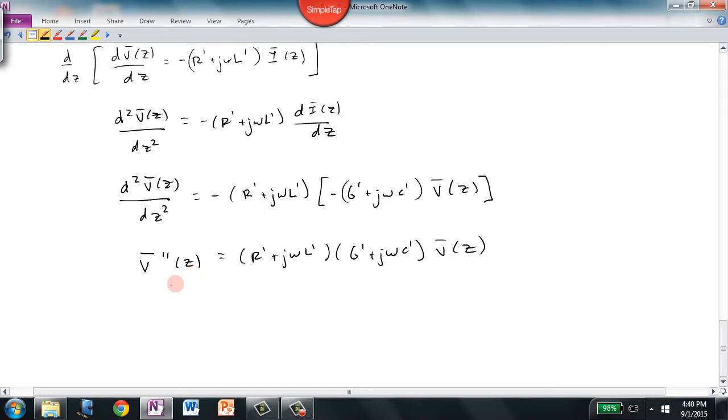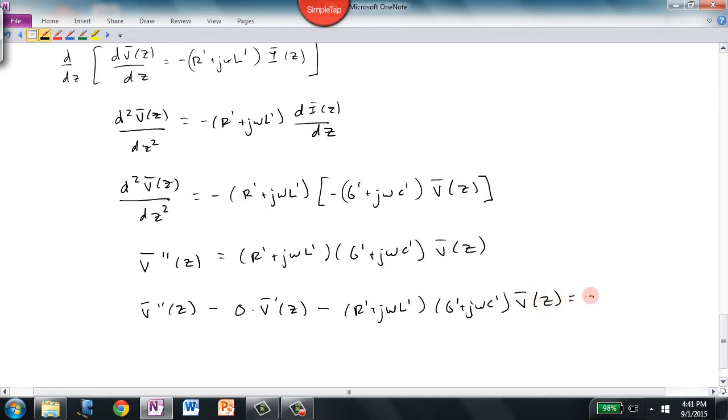So we can rewrite this as V double prime of z minus 0 times V prime of z minus R prime plus j omega L prime times G prime plus j omega C prime times V of z is equal to 0.